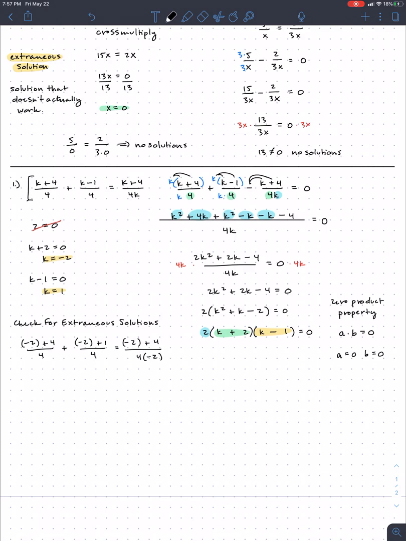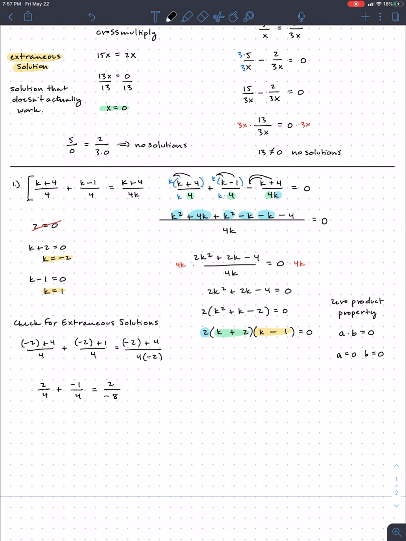So here we go. Negative 2 plus 4 is 2 over 4. Negative 2 plus 1 is negative 1 over 4. And negative 2 plus 4 is 2 over negative 8.